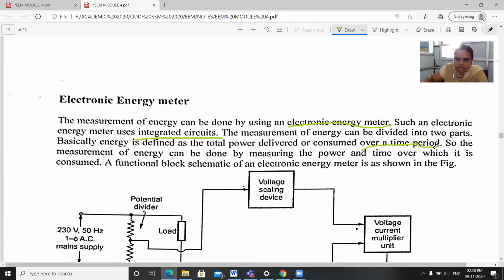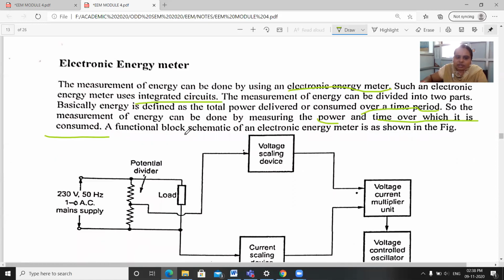At a certain time period, it may consume or deliver power. At that time, what is the energy? We are going to find out. So the measurement of energy can be done by measuring the power. First, we have to measure the power, then the time over which it is consumed.